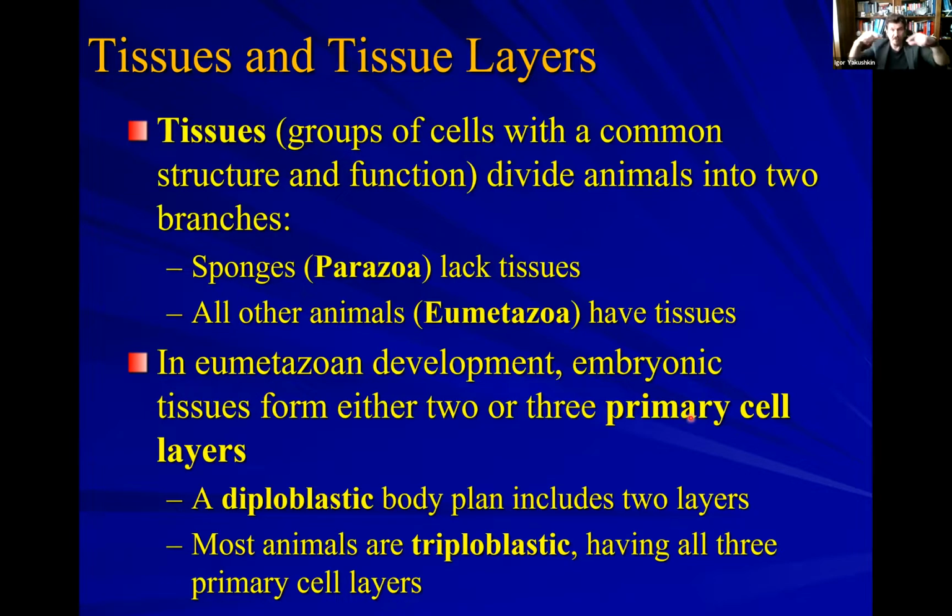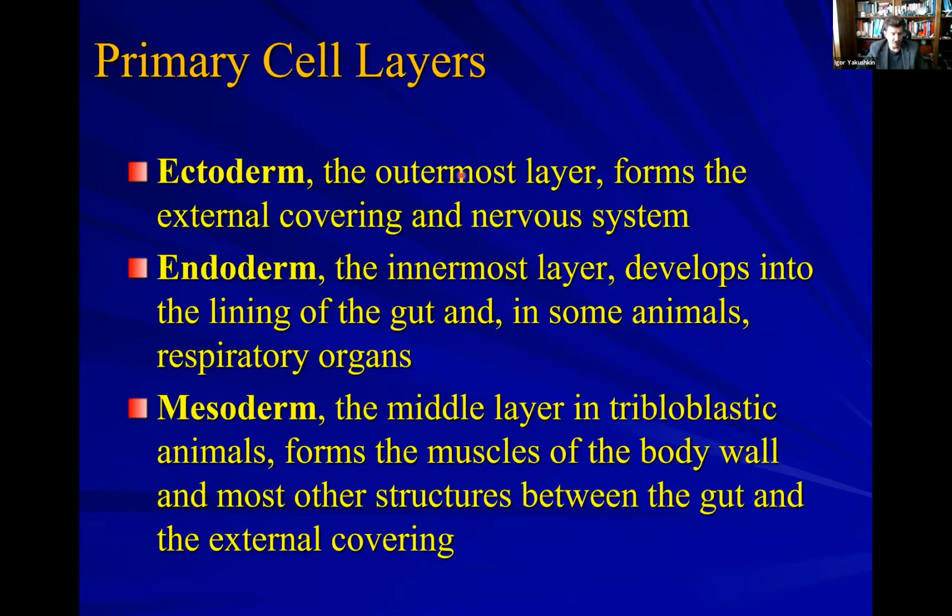And then there will be a third, some of the cells moving in between the outer and the inner layer, known as the layer in between layers. So diploblastic, only two layers, and triploblastic, three layers. And we'll discuss that momentarily. I'll show you some of the examples in the next lab, number 11.